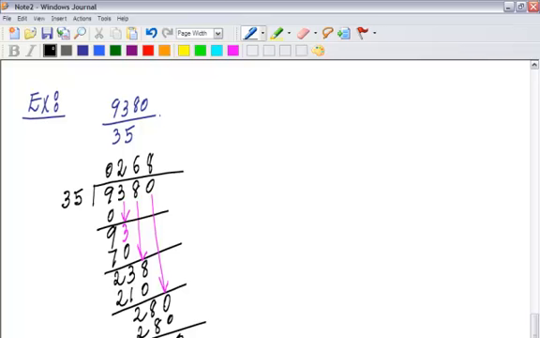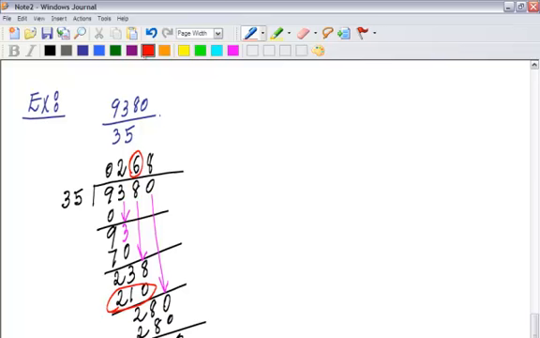Now some of you asked me, why did I pick 6 here? Remember, when I multiplied 35 by 6, I got exactly 210. And the question was, why did I not multiply by, say, 5 or 7? Well, let's see.